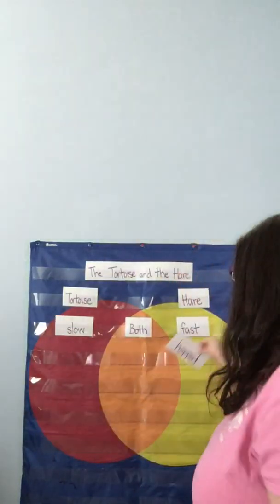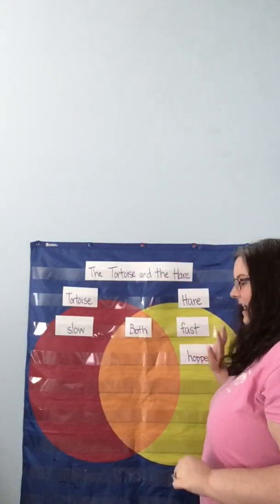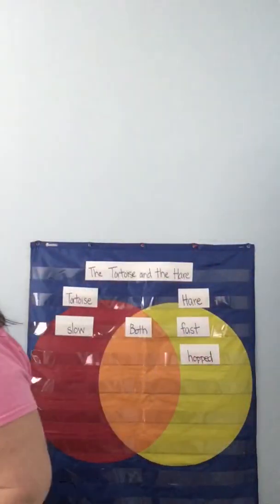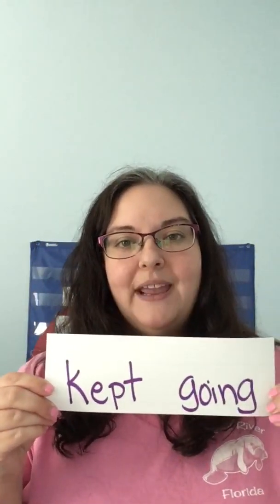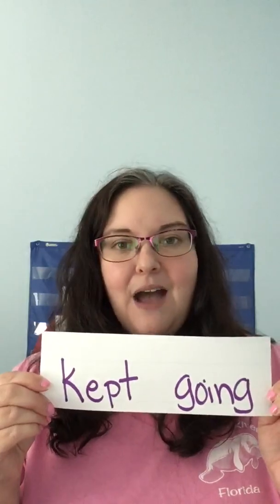Hopped. Which animal hopped? The tortoise, the hare, or both of them? The hare. So I'm going to put him under the yellow one for hare. Which animal kept going and did not stop?